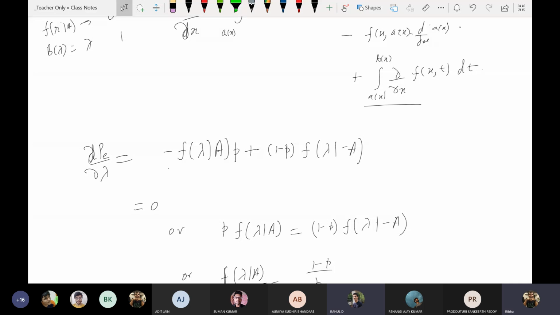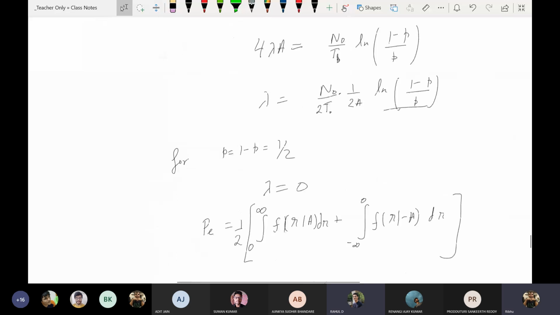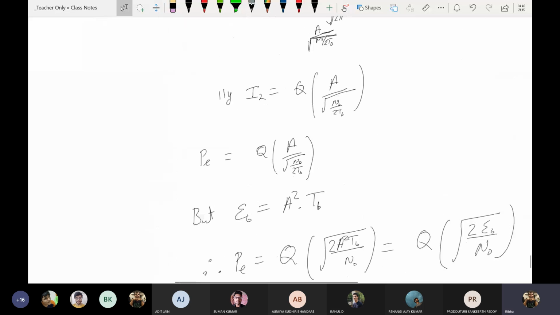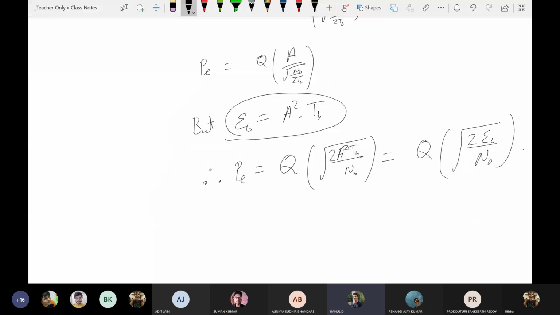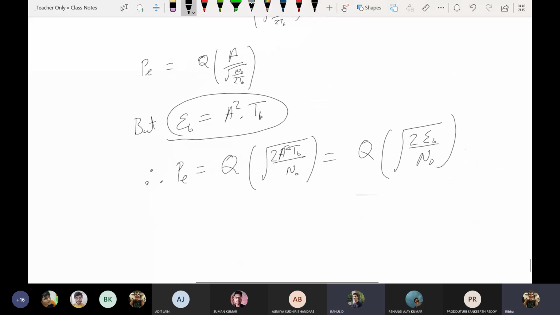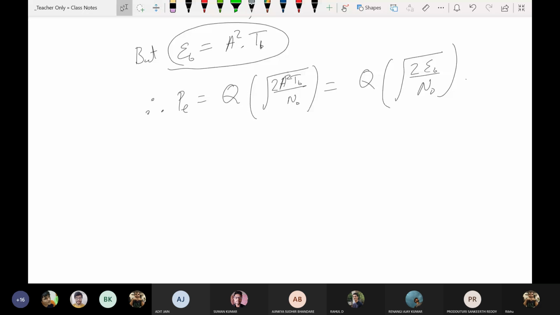So why was a replaced by Eb? A square Tb was replaced by Eb. Okay, got it. Fine.